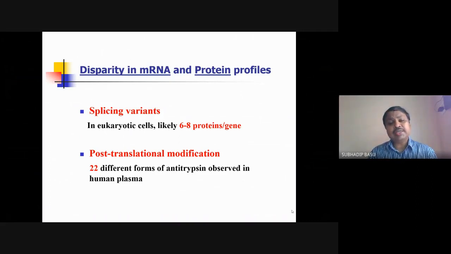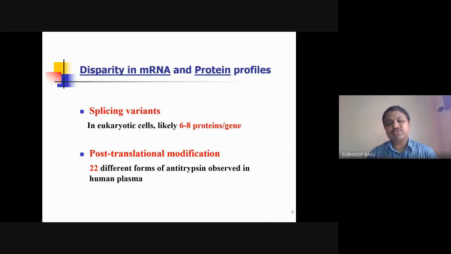If we again start with the messenger RNA, during the transcription process, in eukaryotic cells you have 6 to 8 proteins for one gene based on different types of splicing, like how introns and exons are handled through the splicing process.